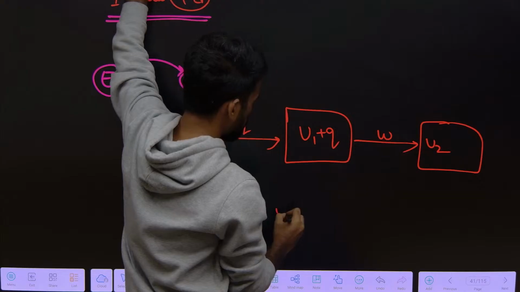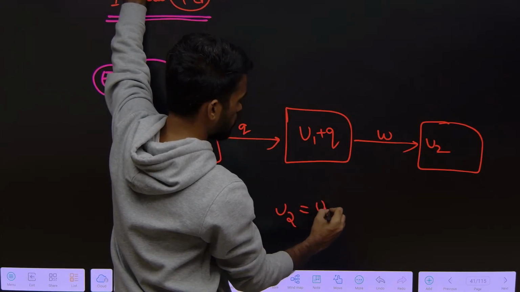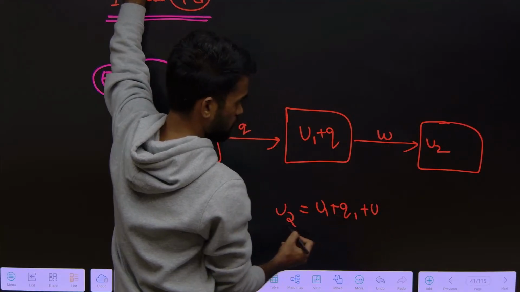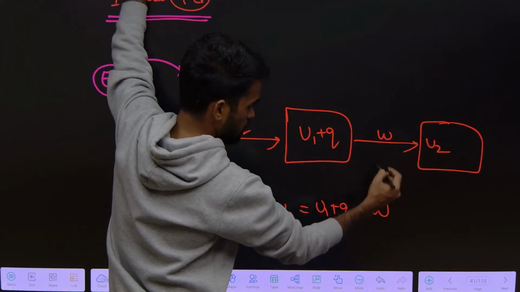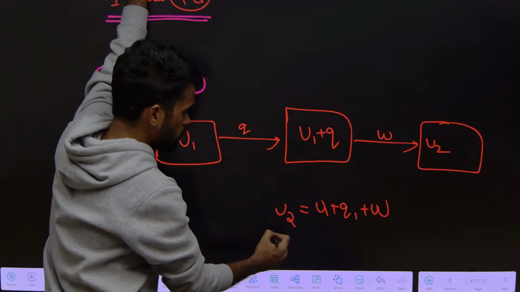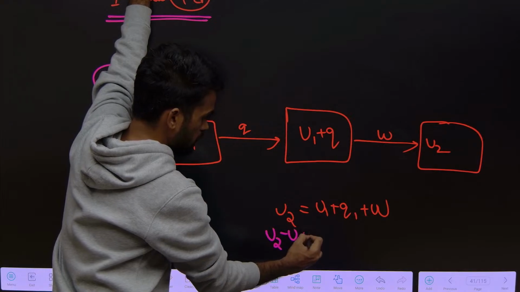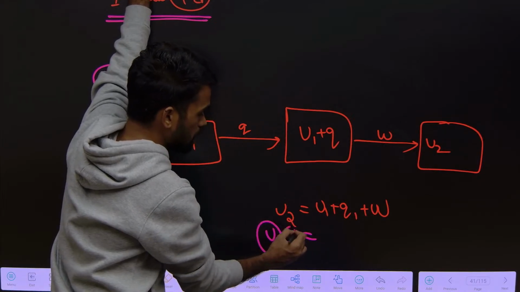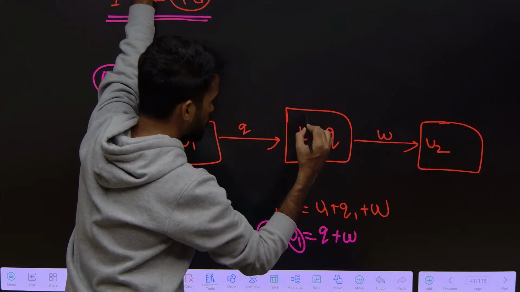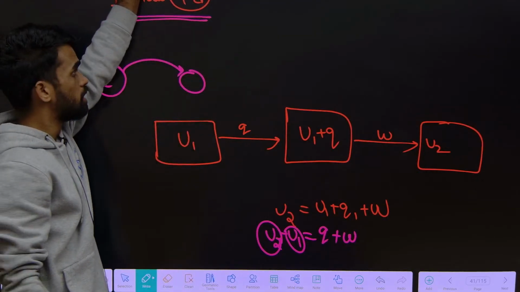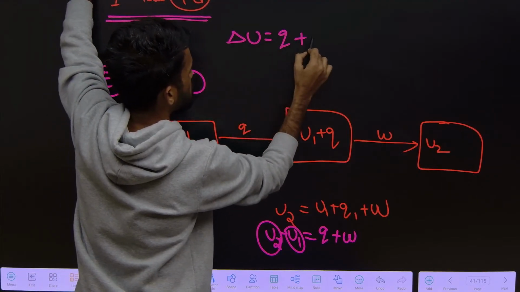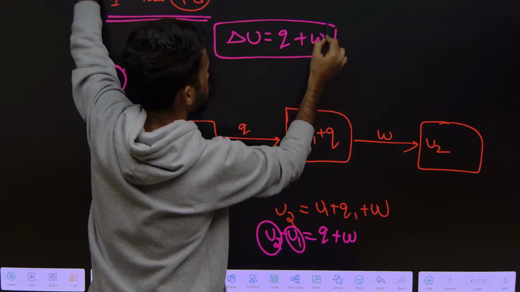So U2 minus U1, that is final internal energy minus initial internal energy, is nothing but Q plus W. So what is our first law of thermodynamics? Delta U equals Q plus W. That's it. This is what you need to remember.